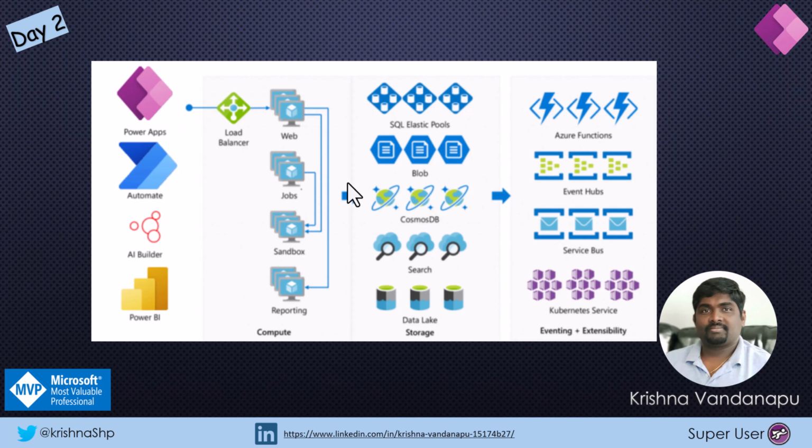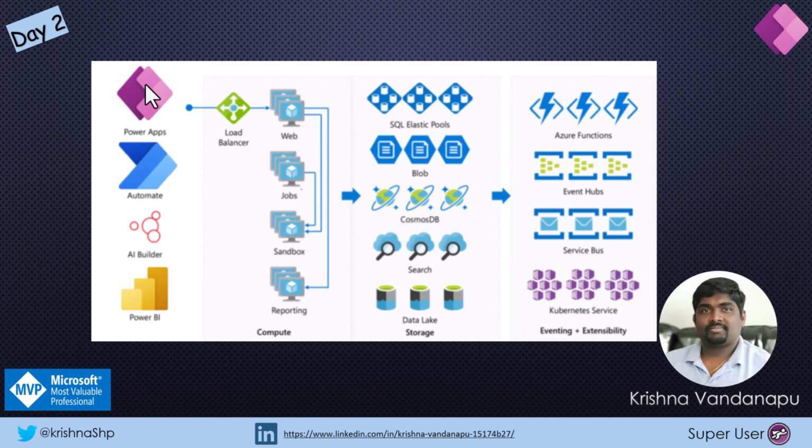Okay, I repeat. This is how the overall architecture or flow of any element or pillar in Power Platform goes. The user will come onto any of the front end layers, which are Power Apps, Power Automate, Power AI Builder, or Power BI.